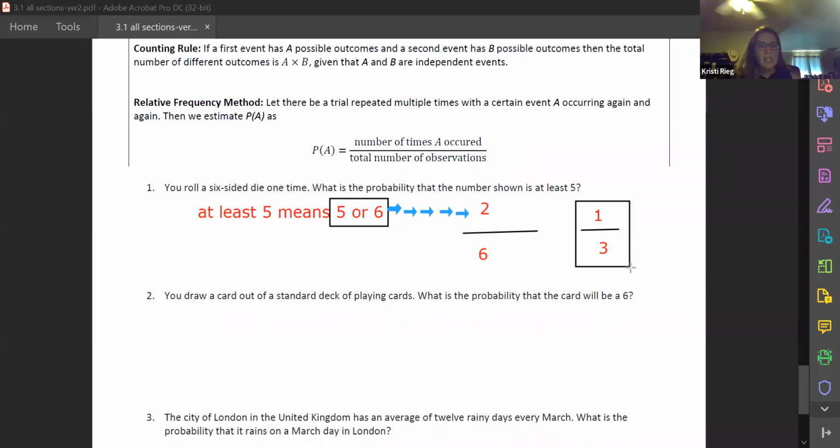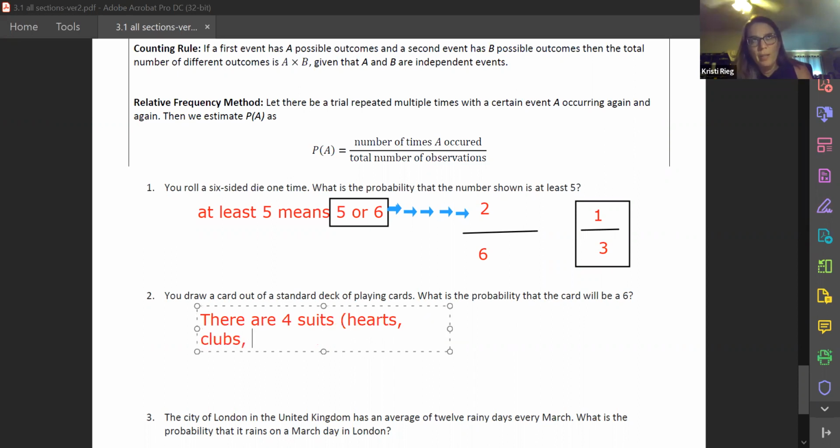Okay. Next up, you draw a card out of a standard deck of playing cards. What is the probability that the card will be a 6? Okay, so there are 4 suits, which are hearts, clubs, diamonds and spades. I'm just saying this for people that don't have their basic card knowledge.